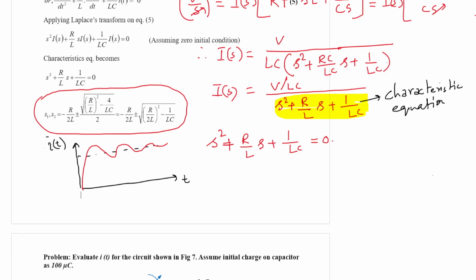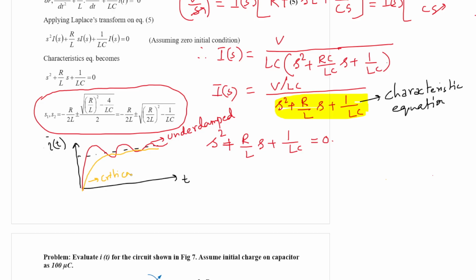Then we have the critically damped response.